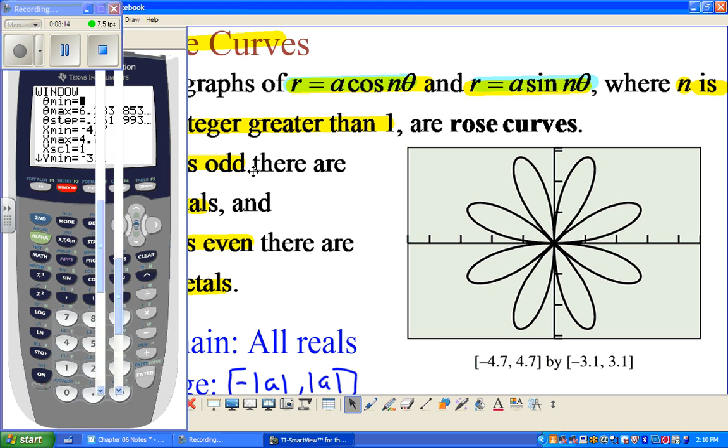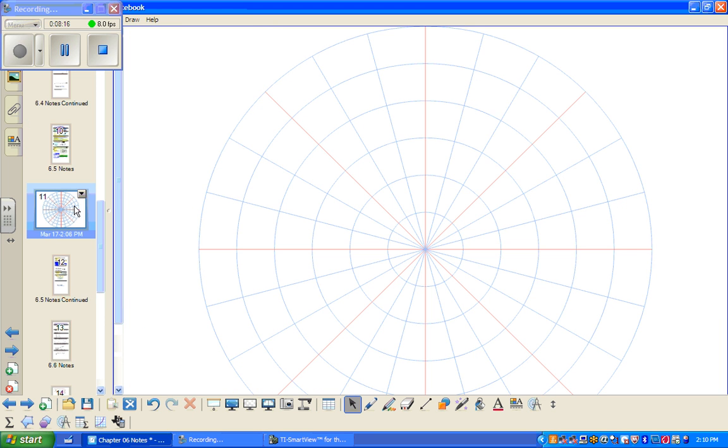Why do I want to use that? Well, with this polar graph setup, and I'll give you a sheet like this if you haven't got one already, all of these lines that are already preset are in increments of pi over 12. We've got 1, 2, 3 pi over 12, 4, 5, 6 pi over 12, 7, 8, 9, 10, 11, 12 pi over 12, which is pi, and so on.